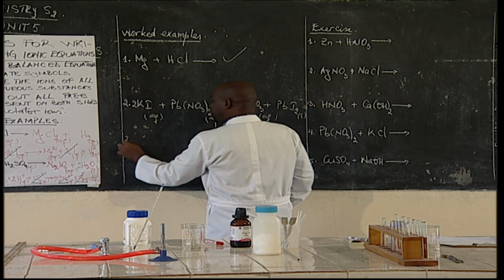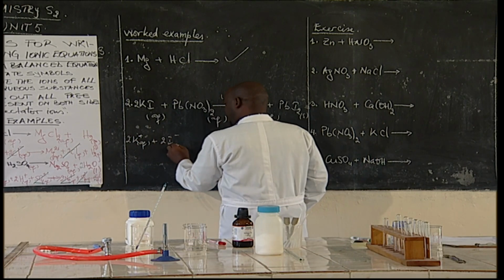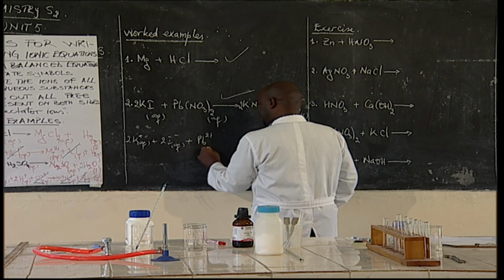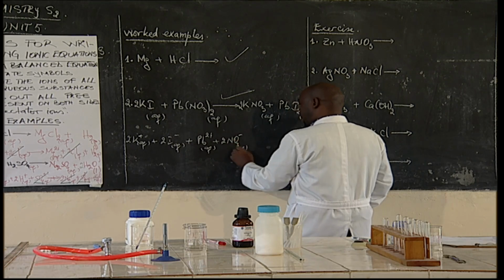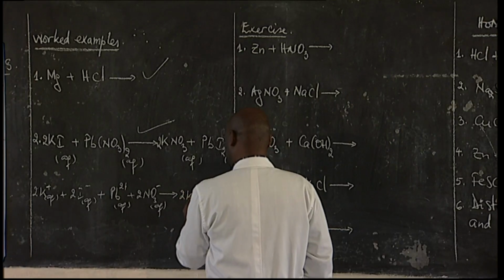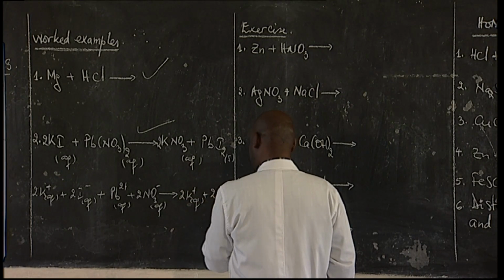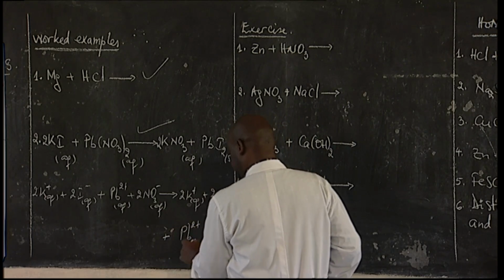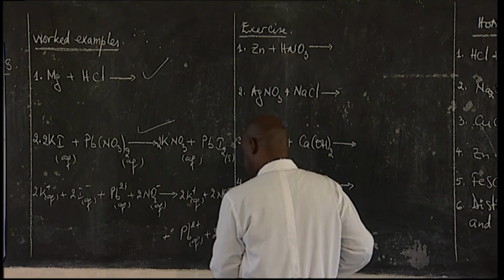We have 2 potassium aqueous plus 2 iodide aqueous plus lead 2 plus 2 NO3 aqueous, and we produce 2 potassium plus 2 NO3, the nitrate ion aqueous, plus lead iodide.